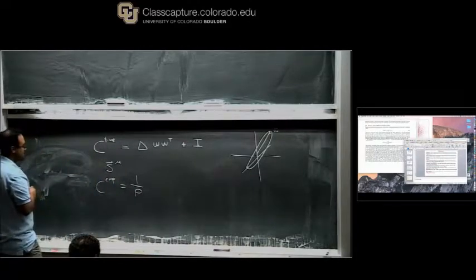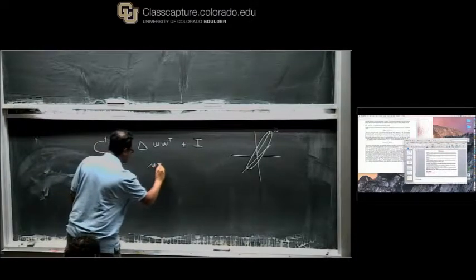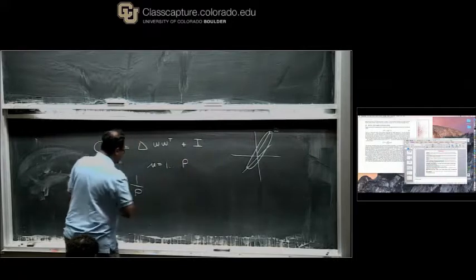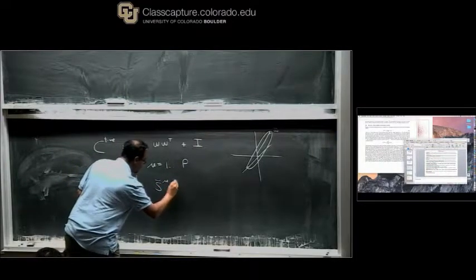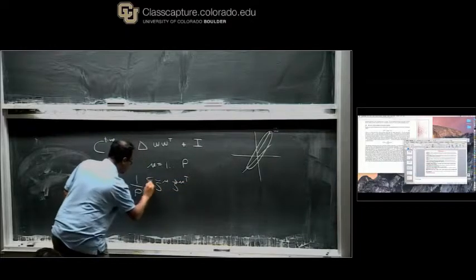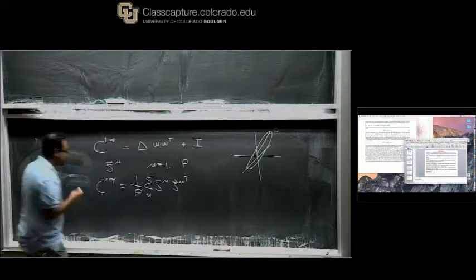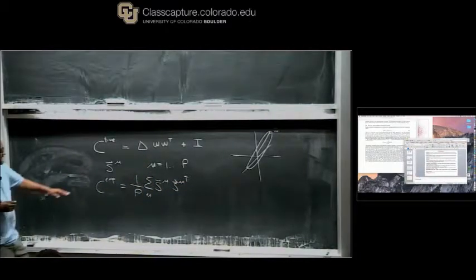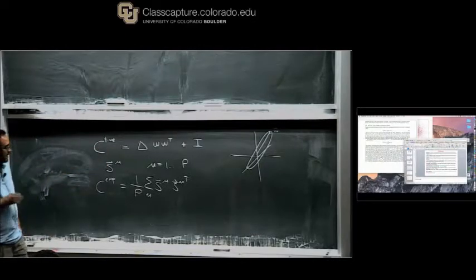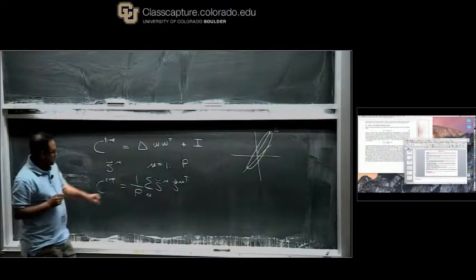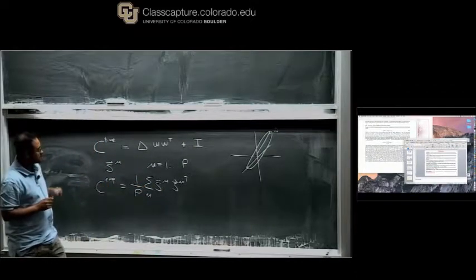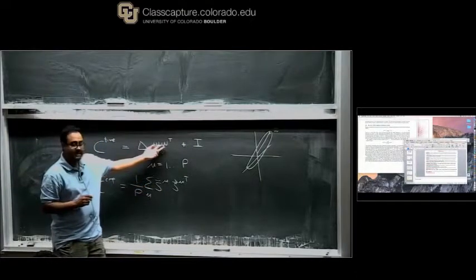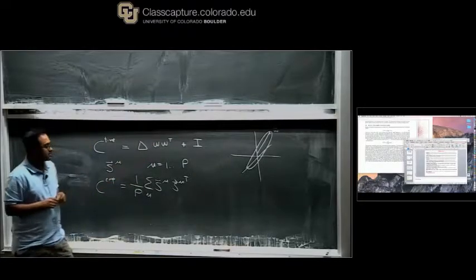Let's say P is the number of trials, so mu goes from 1 to P, S mu S mu transpose, summed over mu. This is the empirical covariance matrix, an estimate of the true covariance matrix. And you want to ask, is the leading eigenvector of this empirical covariance matrix close to the leading eigenvector of the true covariance matrix?